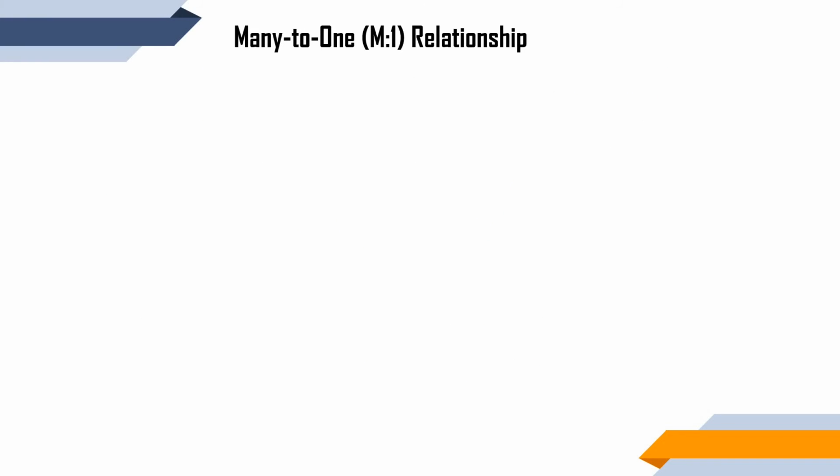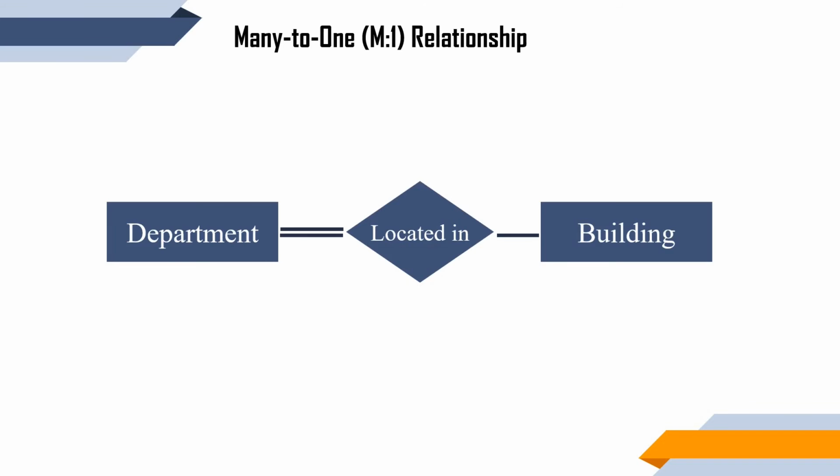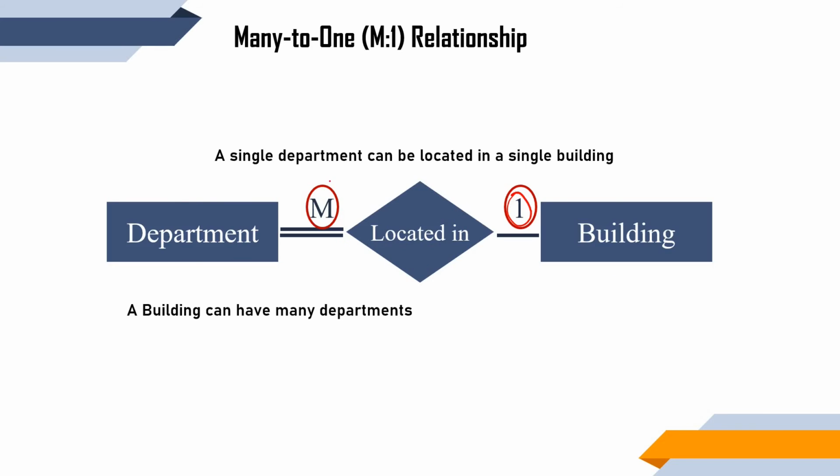Now we will see the reverse of the 1:m relationship, which is the many-to-one or m:1 relationship. As you can see from this diagram, there are two entities, department and building. A single department can be located only in a single building. So this one comes over here, which indicates that one department is related to only one building. But one building is related to how many departments?